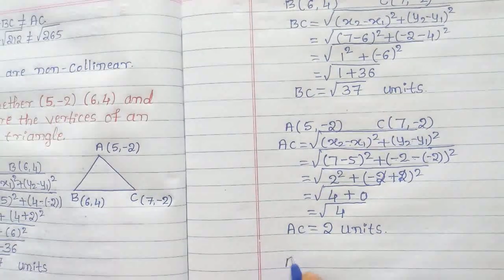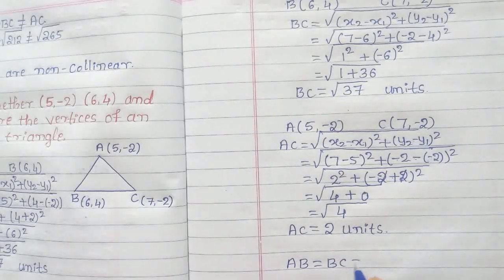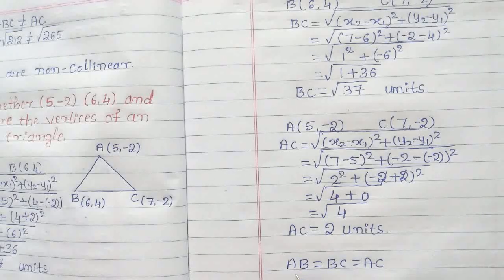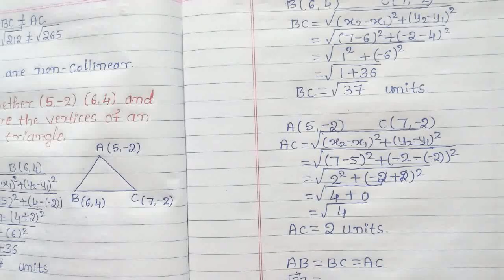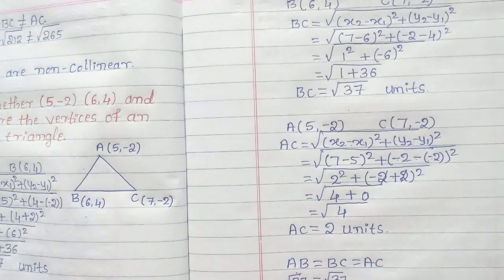Now we check whether AB, BC and AC are equal. The length of AB is square root 37, the length of BC is square root 37, and the length of AC is 2.